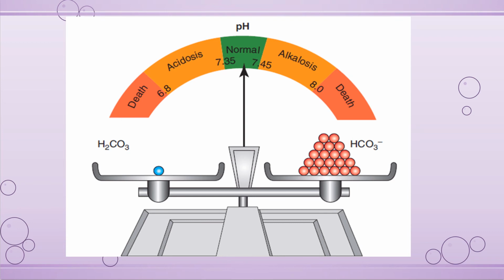And if we're below 7.35, we're in an acidosis. Now, if we're trending down towards a 7, we're going to die. If we're trending up towards an 8, oh, we're going to die. So it's a very narrow margin, and our body has some compensatory mechanisms to help with that. This is not new content. ABGs are not new, but we're going to be looking more at how our body compensates for these things.